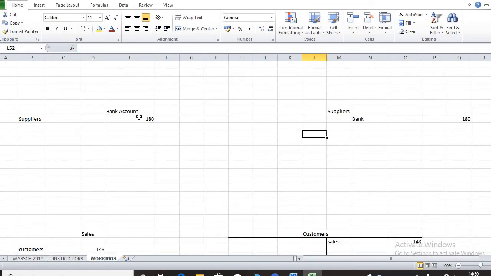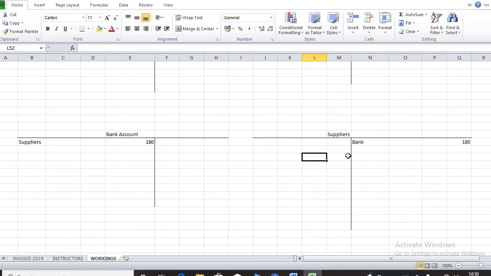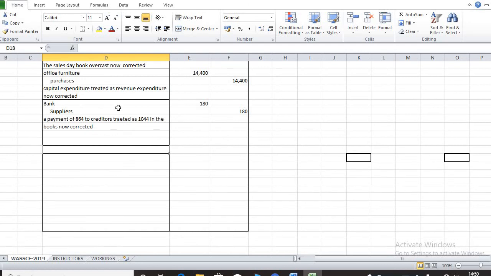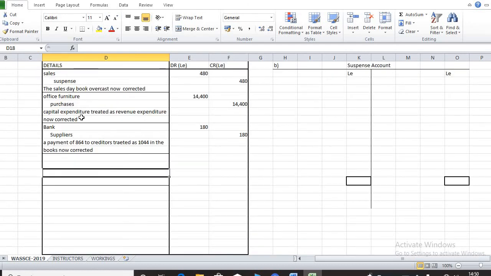So we debited the bank account in the name of suppliers or creditors, then we credited the creditors account in the name of bank account, and from there you have to transfer it from your workings to the journal entry. That's the requirement. But for you to get the requirement, first you have to do your workings.